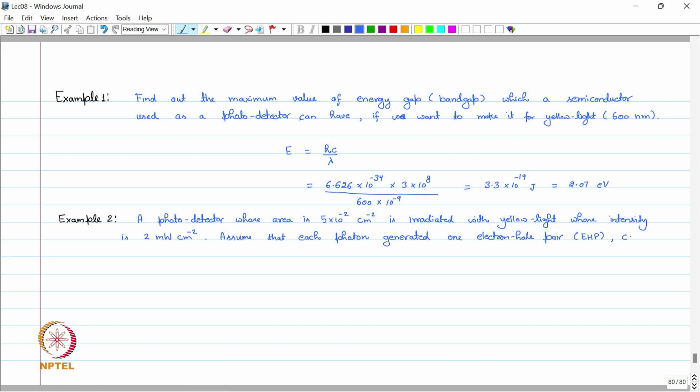Then we need to calculate the number of electron hole pairs generated per second.